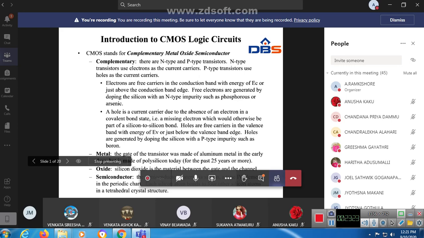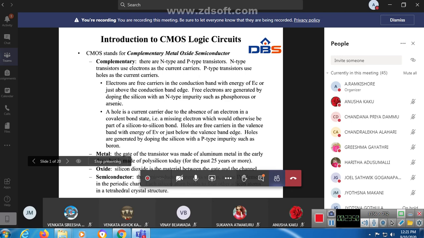So here, CMOS stands for complementary metal oxide semiconductor. Complementary means there are n-type and p-type transistors, and n-type transistors use electrons as the current carriers and p-type transistors use holes as the current carriers. Electrons are free carriers in the conduction band with energy Ec or just above the conduction band edge.